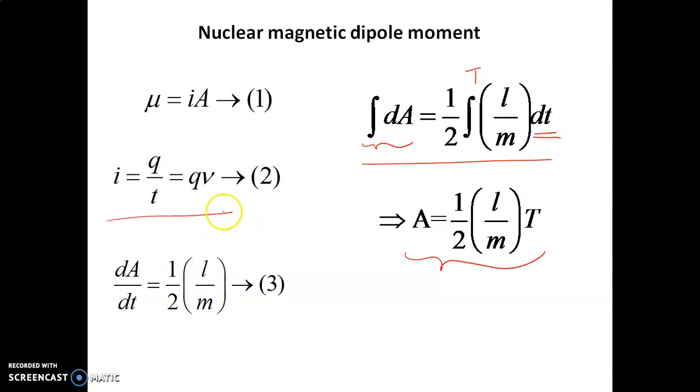We started out here. Here we have mu like this, and here we have this, like this and like this. This is the area vector. So we have this. Please correct your notes.